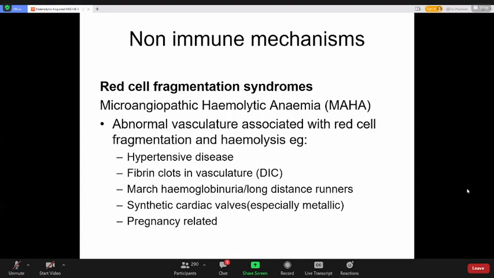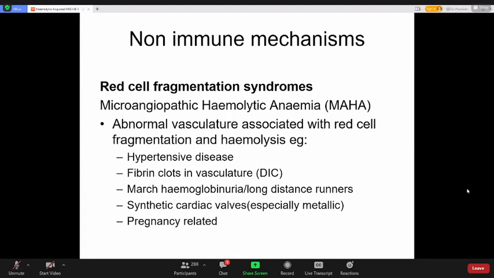So when we say microangiopathic hemolysis, the red cells are being damaged in small vessels because of abnormal vessel wall, where the red cell becomes damaged. Or you can have fibrin strands within these small vessels, and as the red cells circulate within those small vessels, the red cell membrane is damaged, and the red cell becomes fragmented and is destroyed.